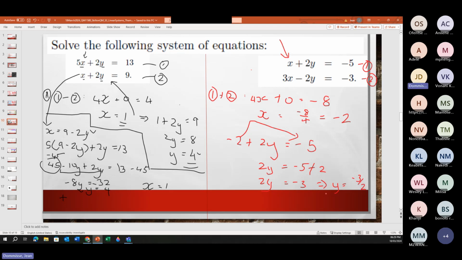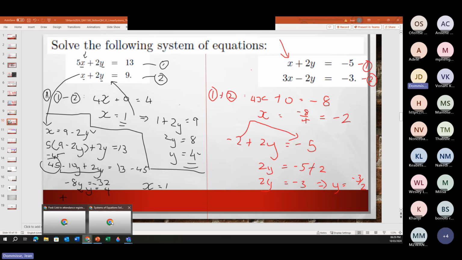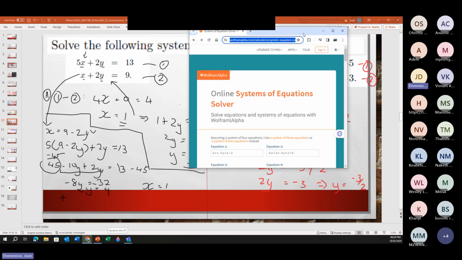Oh, so does that look correct if I put it in there? So let's quickly check on the online calculator.